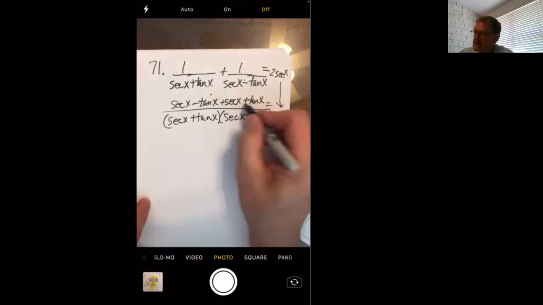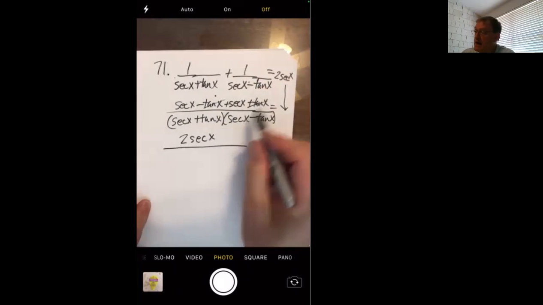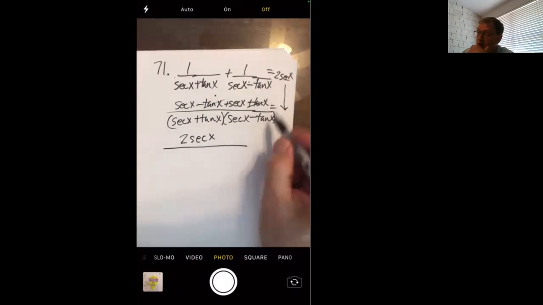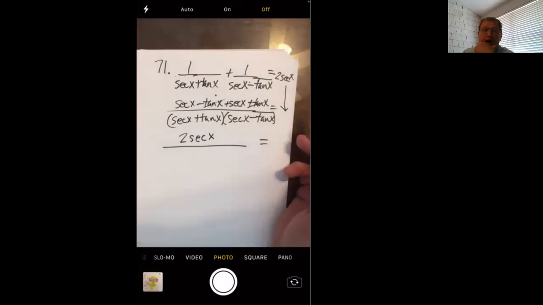And you can see a nice cancel, and that's twice the secant, which is what I have here. So I'm really close if I can show that the bottom is 1. I'll have it.